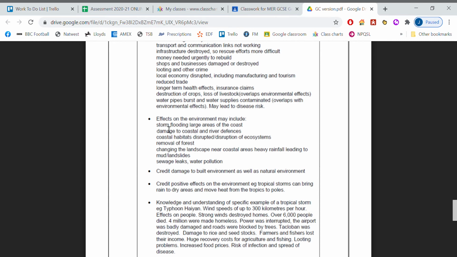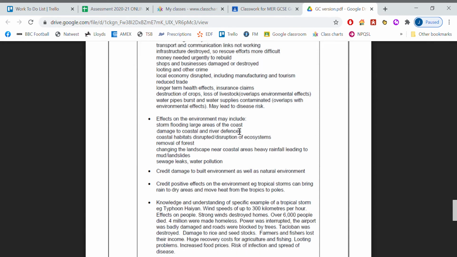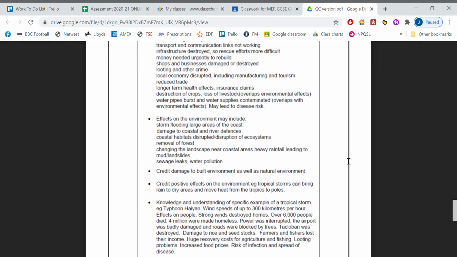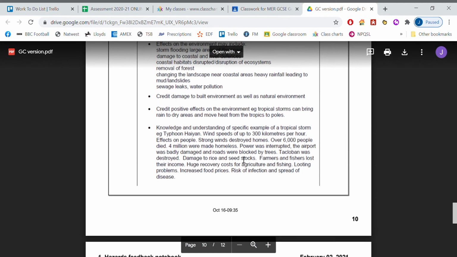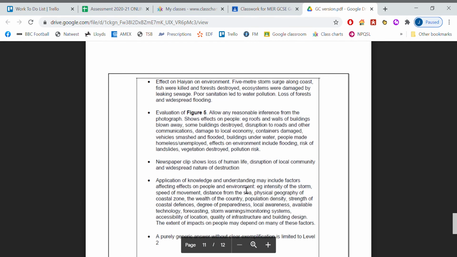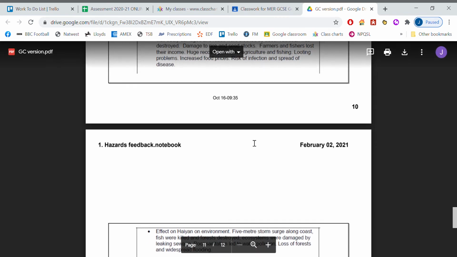Actually, storms flooding large areas of the coast has destroyed this amount of this place, which means that this is why the environment effects are so much greater. So if you're talking about and applying it, then it makes sense. If you're just taking snippets from the mark scheme, it won't help you at all. Okay, but lots of information there to help you improve. But remember, take a snippet, explain it, expand on it, and link it to your targets that you've been given.